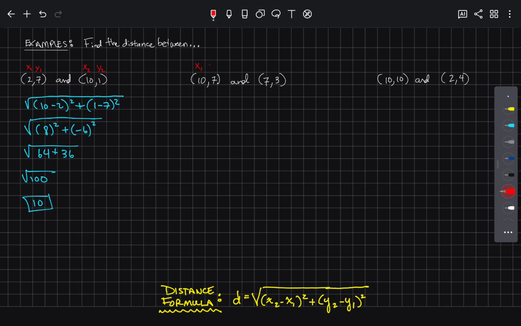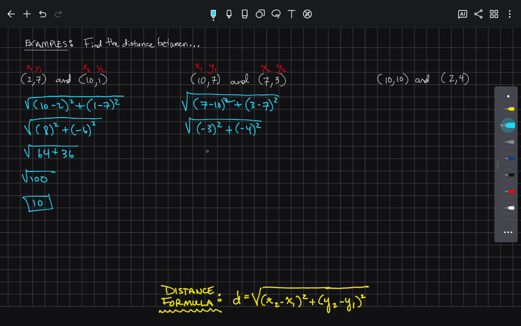So x1, y1, x2, y2. So x2 minus x1, that's 7 minus 10, squared, plus y2 minus y1, 3 minus 7, squared, square root. 7 minus 10 is negative 3 squared, plus 3 minus 7 is negative 4 squared, square root.